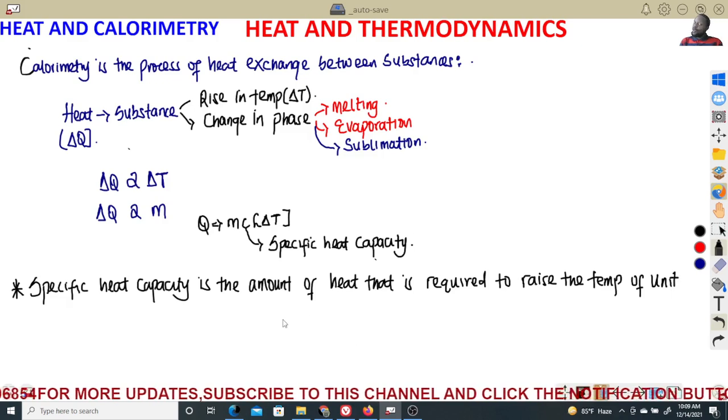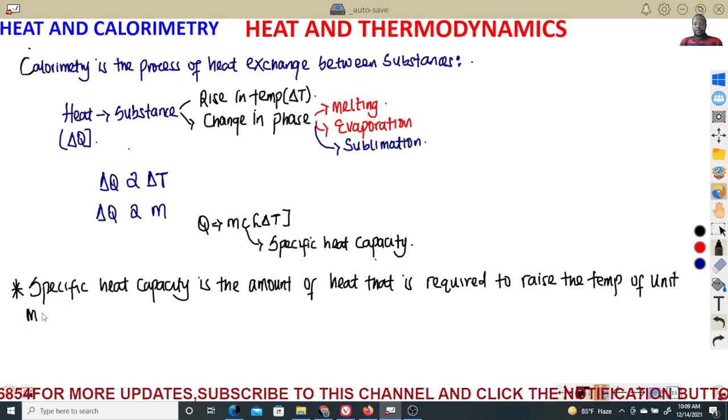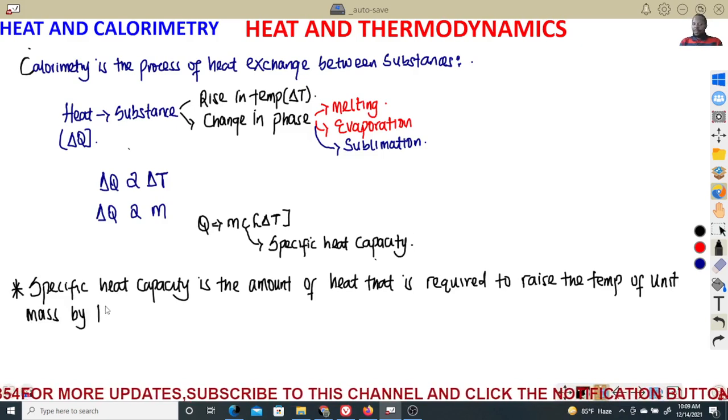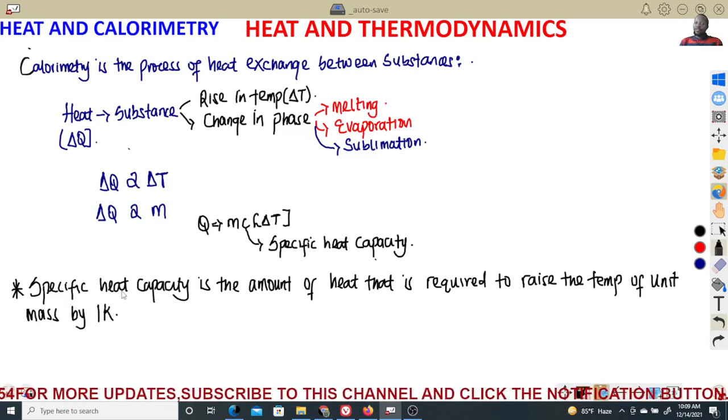Unit means one. Unit mass of a substance by 1 Kelvin. For that, you can write 1 degree Celsius. So please note that now it is denoted by C. We say the amount of heat required to raise the temperature of a unit mass by 1 Kelvin.